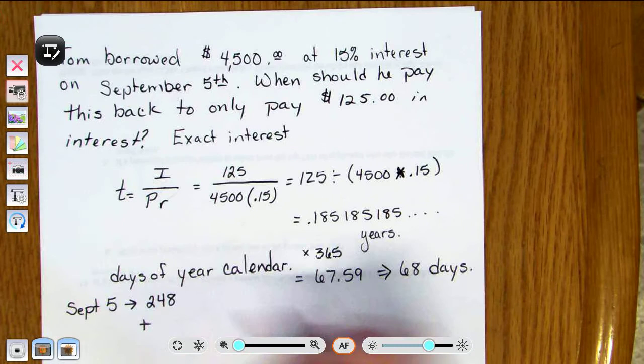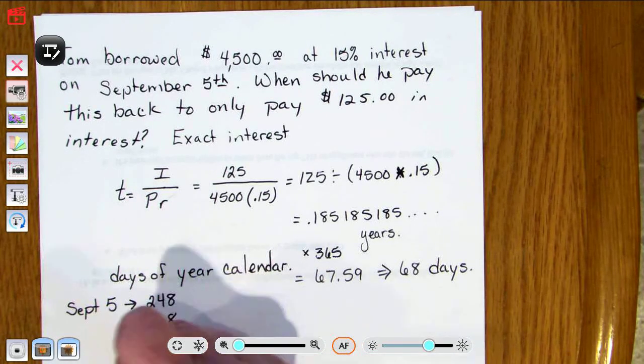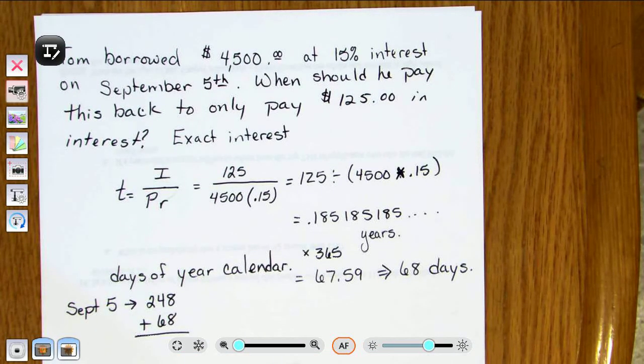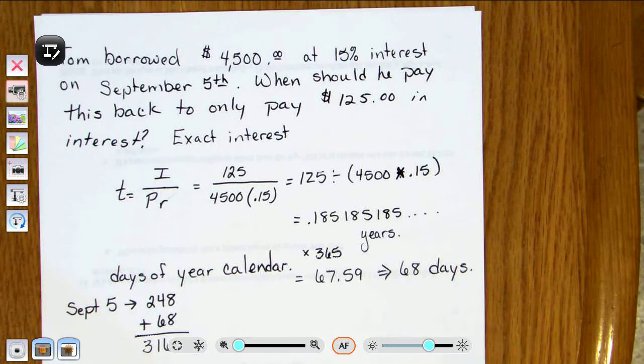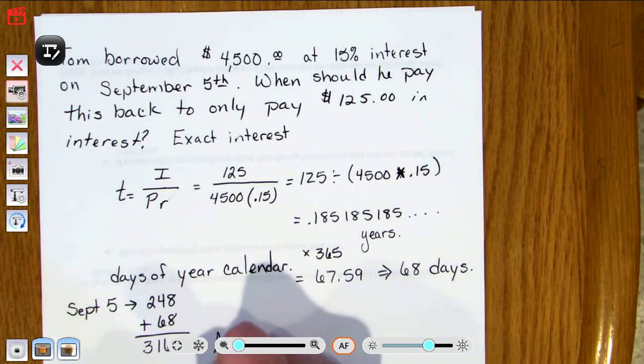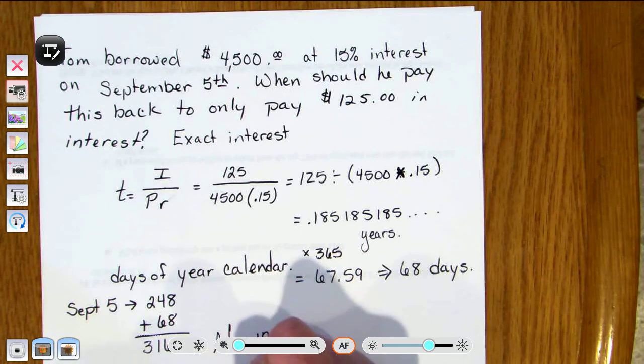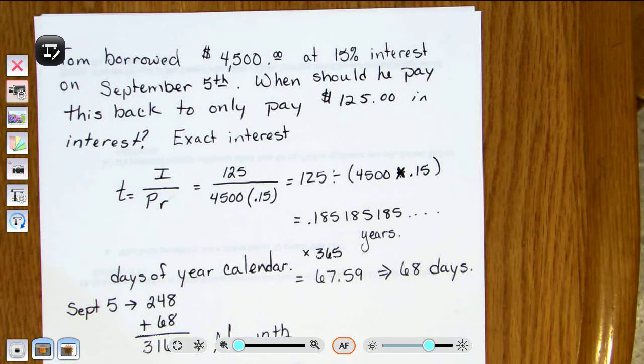We are going to add on our 68 days. That gives me 316. So on day 316 is when I need to go pay it off. And day 316 happens to be November 12th. So go back and pay that thing off on November 12th.